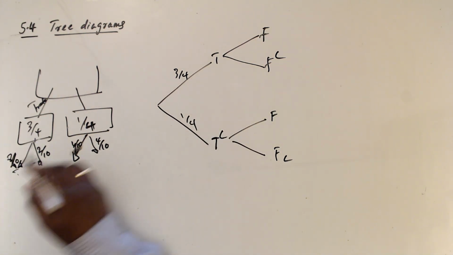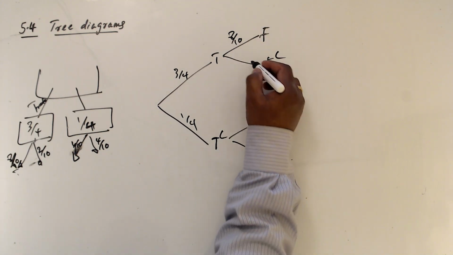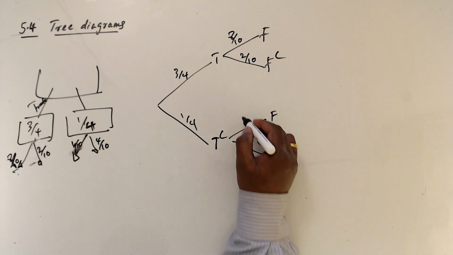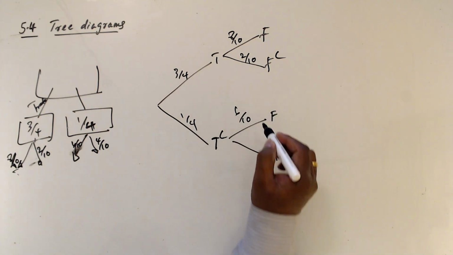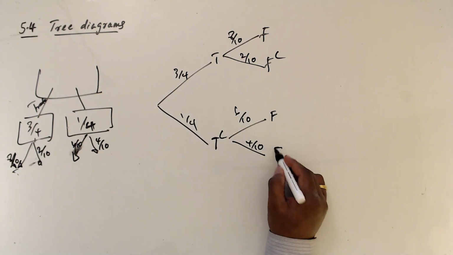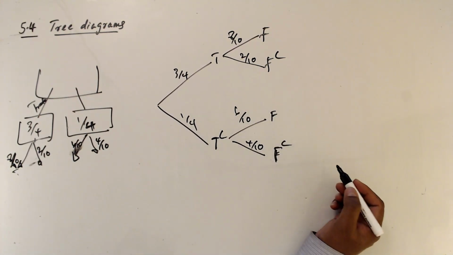Out of that, 8 over 10 flowering and 2 over 10 none. And here 6 over 10 flower and 4 over 10 none. This is F complement, not belonging to F.